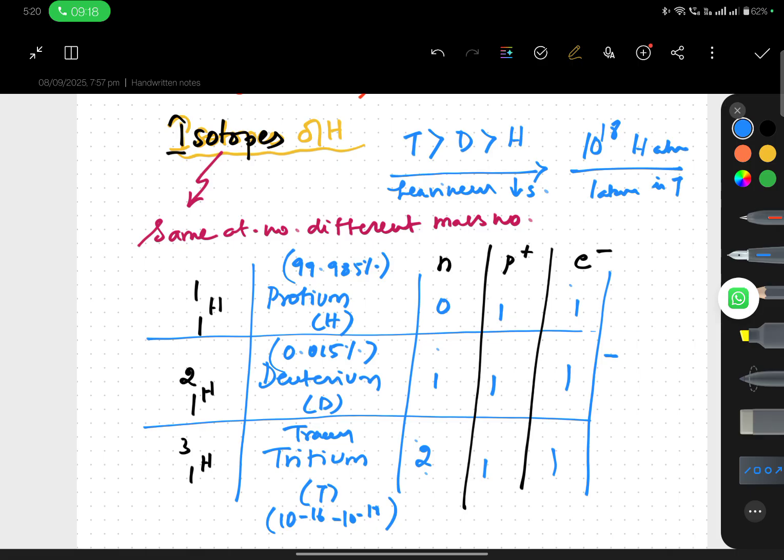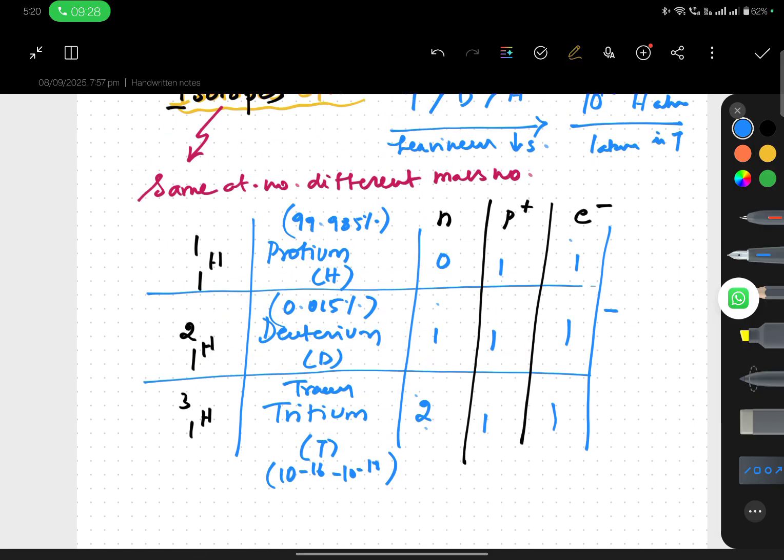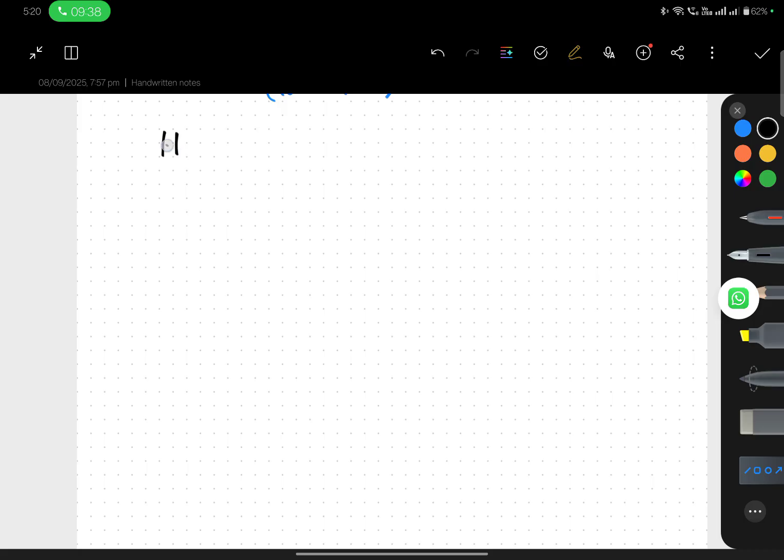So how do they vary? Same atomic number, because the proton count is the same. Different mass number, 0, 1, 2 neutrons. Neutron varies, so mass number varies. Okay? Yes, sir. Now I have another question. Hydrogen can form H bond H, deuterium can form D bond D, tritium can form T bond T. These are dihydrogen, dideuterium, ditritium, that is, hydrogen molecule, deuterium molecule, tritium molecule.